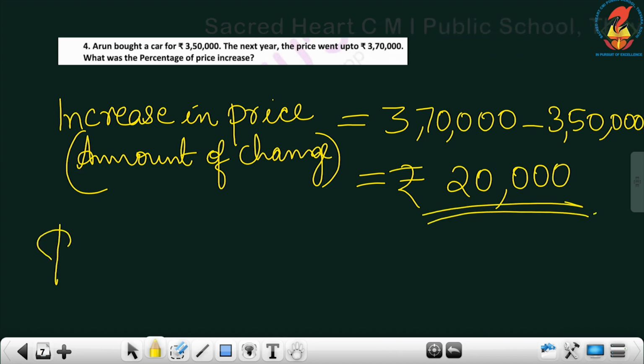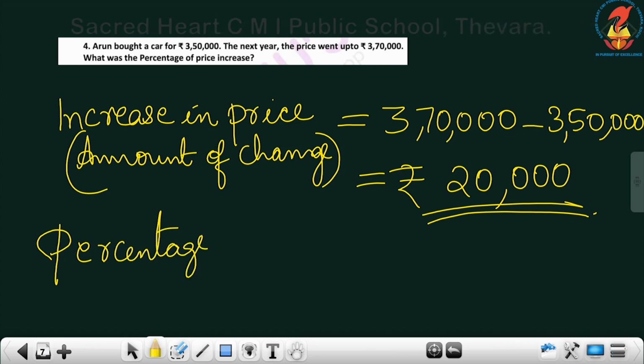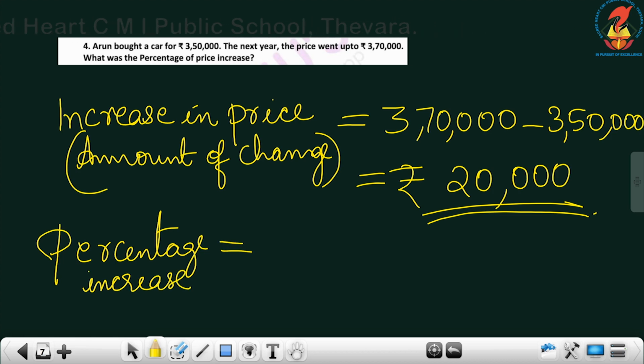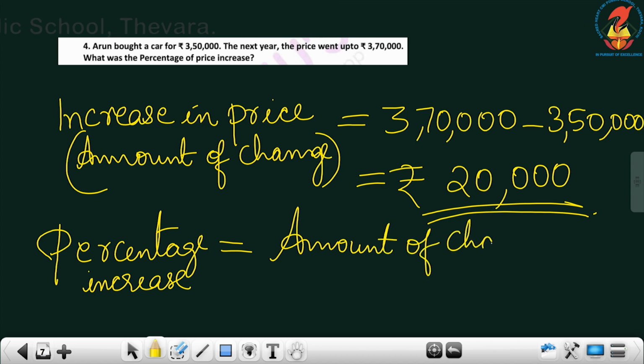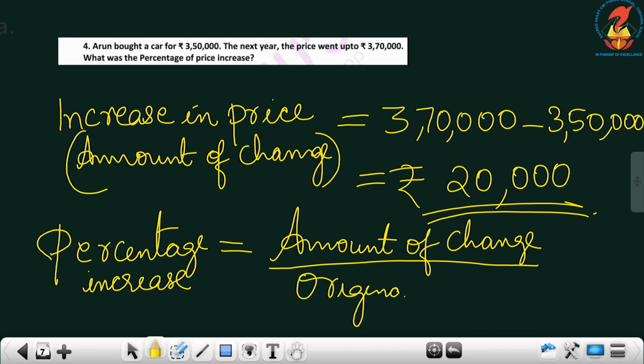Now we have to find the percentage increase. So what is the formula, children? Always write the formula: amount of change by original amount into 100.